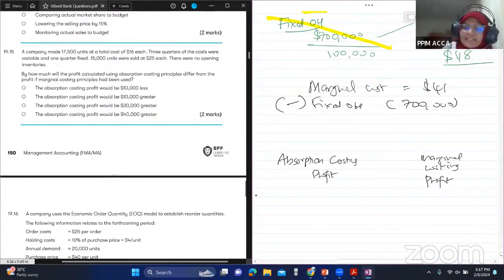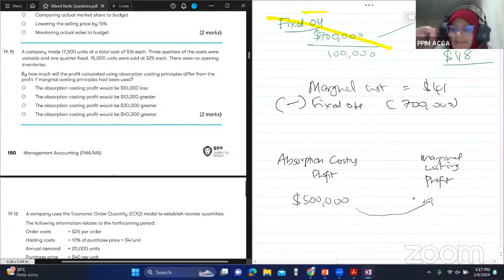But what you have to understand is, suppose they give me the absorption costing profit, 500,000, for example. Using this 500,000, I can calculate the marginal costing profit. I don't need any other data. Just this 500,000, and one more piece of information that I need is the fixed overhead absorption rate. I'll come to that in a second.